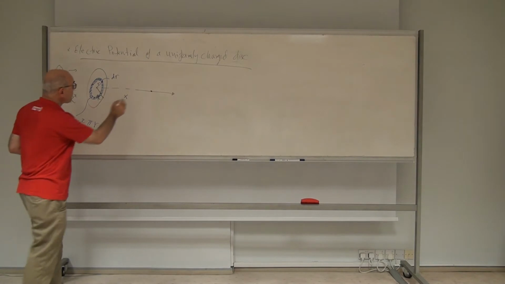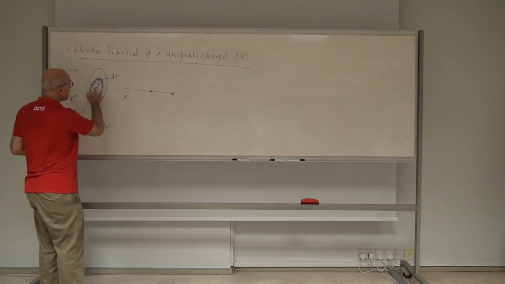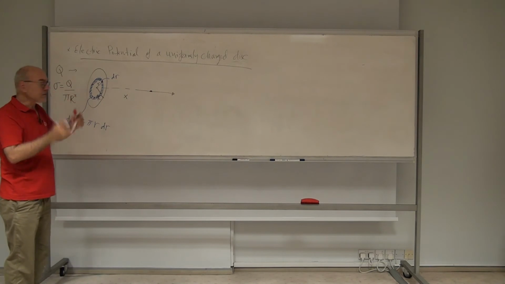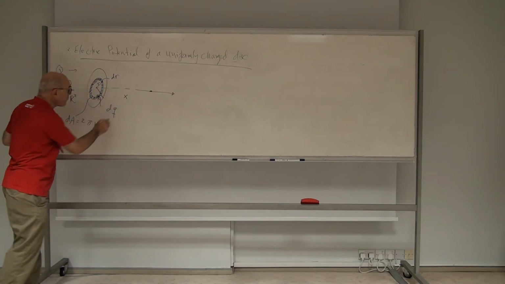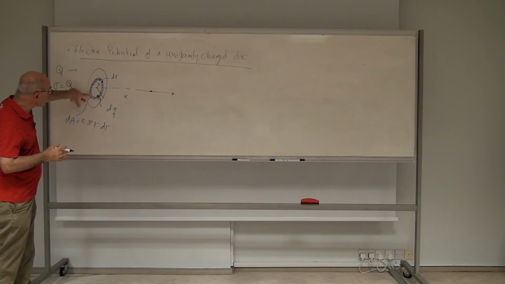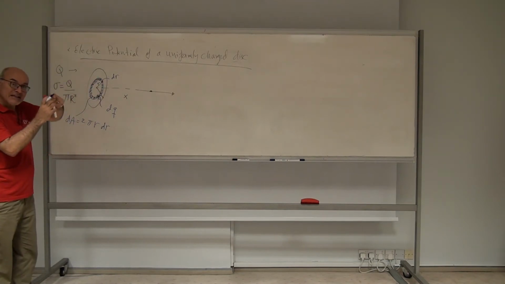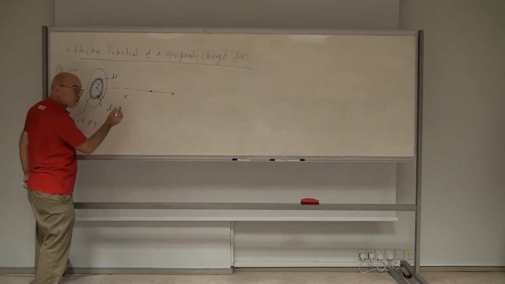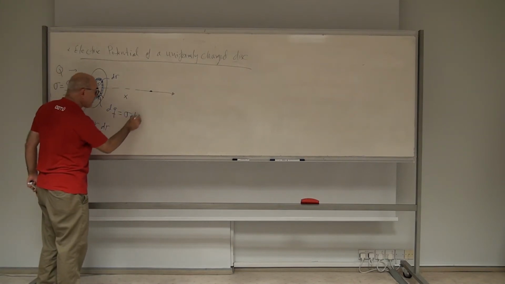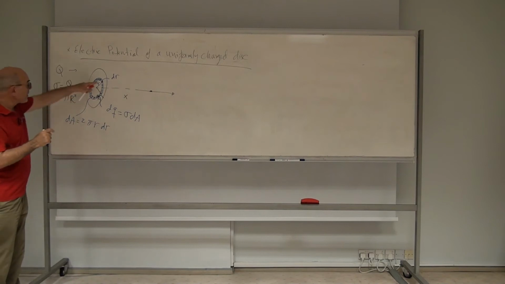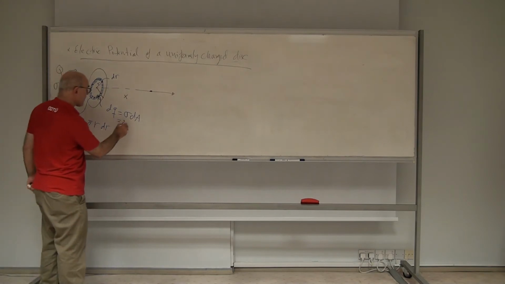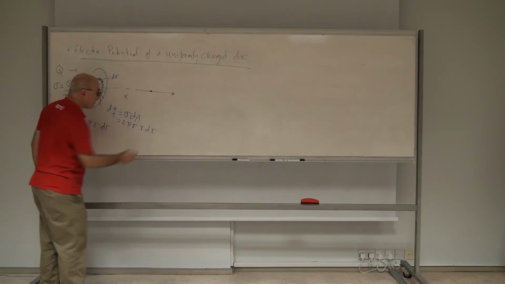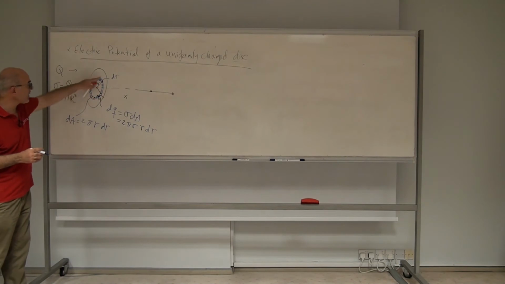The strategy is that I find this dq. My dq is the charge that is distributed over each of these rings. This dq is equal to sigma multiplied by dA, where dA is the area of each of these rings. So dA is this, and it becomes 2 pi sigma r dr. This is dq, the charge carried here.